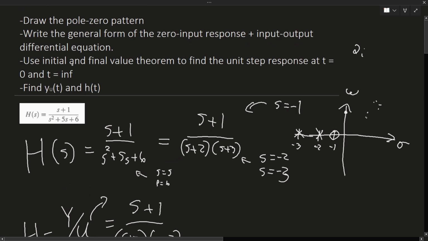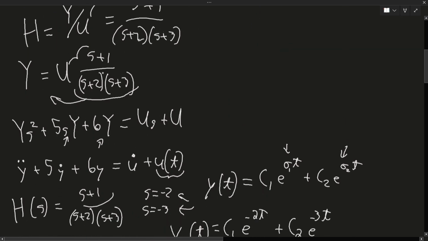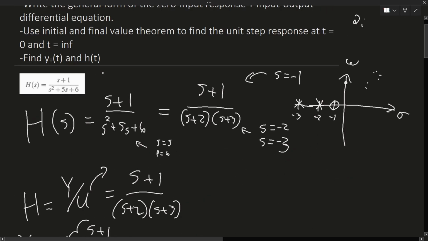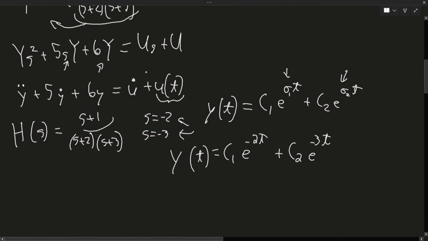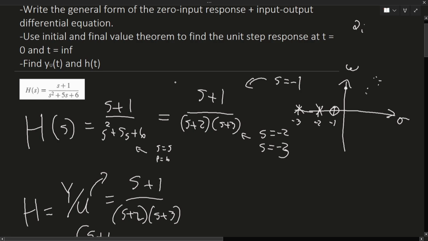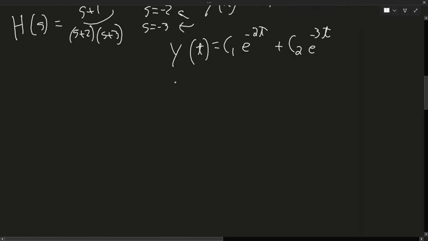The next question: use the initial and final value theorem to find the unit step response at t equals 0 and t equals infinity. What is the input step response? I'm not gonna lie, guys, I have no idea what that means.